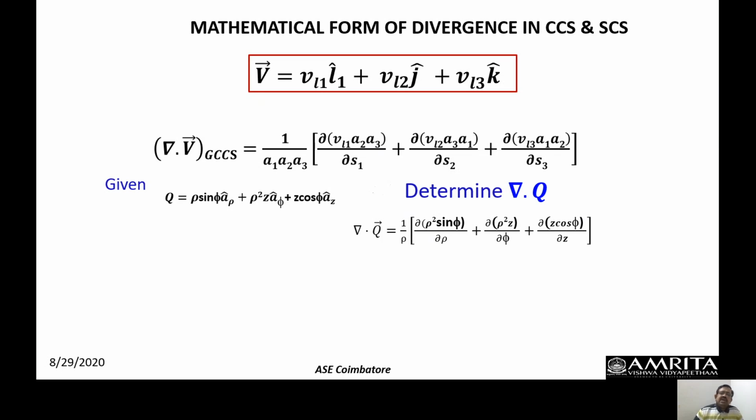Therefore, one needs a special representation for the divergence of a vector function in cylindrical and spherical coordinates, because the unit vectors are themselves differentiable. Therefore, I cannot take this rho outside of the bracket and cancel it with this. There is a temptation to do that, but do not give in to it. Just differentiate step by step, and you will get the answer.